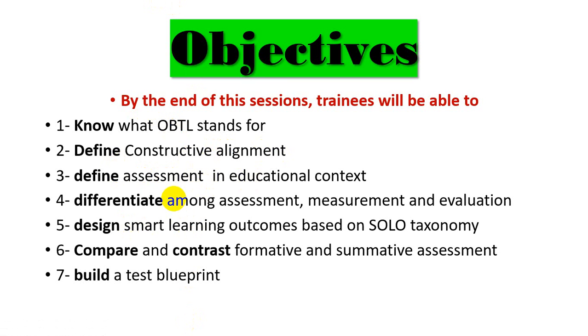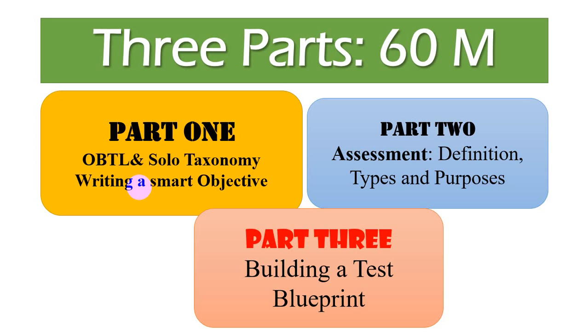We are going to design some smart learning outcomes based on taxonomies such as the SOLO taxonomy or Bloom's taxonomy. We will compare and contrast two types of assessment, formative assessment and summative assessment, and finish off with building a test blueprint for our course.